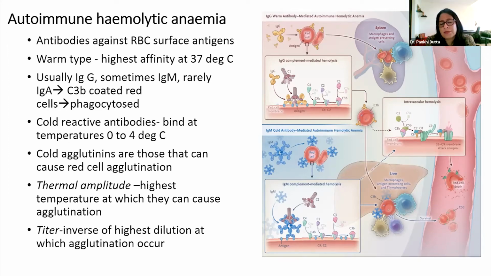So if we dilute it n number of times, so 1/n is the dilution, so n is the titer. So as you can see, the pathogenesis is shown here.